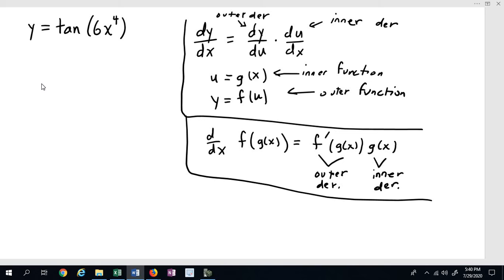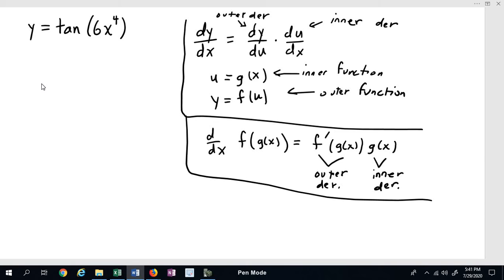The outer function you want to write as a function of u, and the inner function you want to write as a function of x. So in this case, let's start with the inner function.